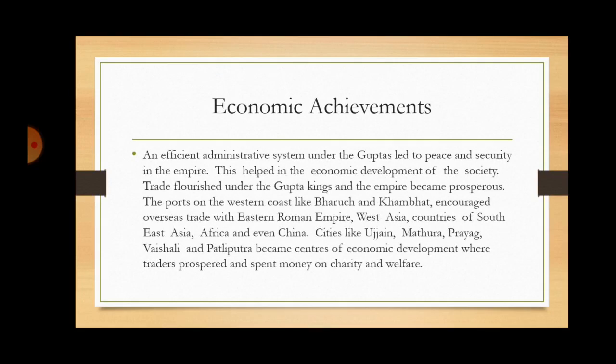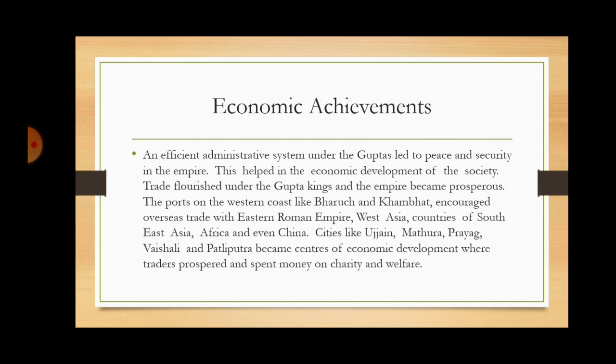The economic achievements: the administrative system under the Gupta led to peace and security in the empire. Trade flourished under the Gupta kings and the empire became prosperous. The ports on the western coast like Bharuch and Khambat encouraged overseas trade with Eastern Roman Empire, West Asia, countries of Southeast Asia, Africa and even China.